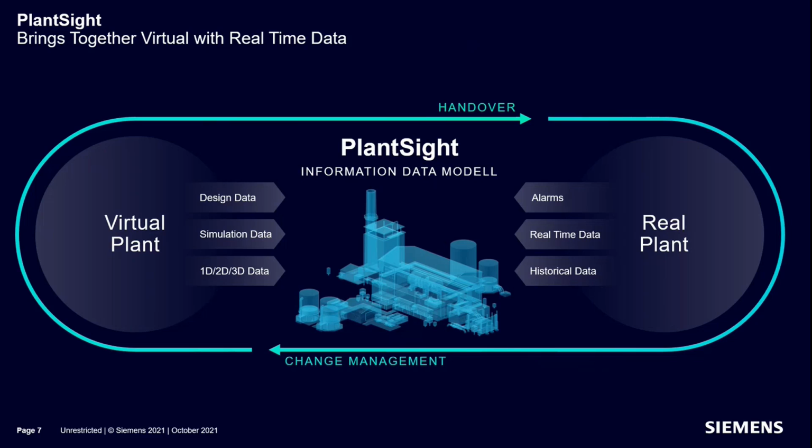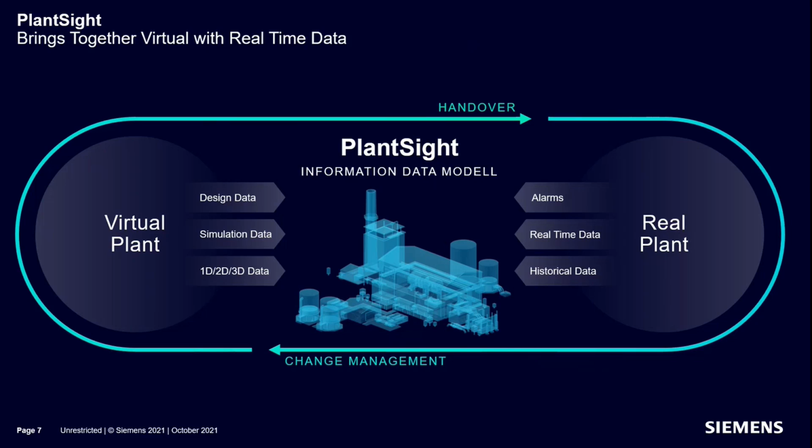Traditionally, a handover is found at the end of the CapEx phase of a new development, what we refer to as the EPC phase. With PLANTSIGHT, we can start that information handover continuously at a very early stage to give the stakeholders in operations a real view of the plant as it goes through design, into construction, through commissioning, and pre-production.